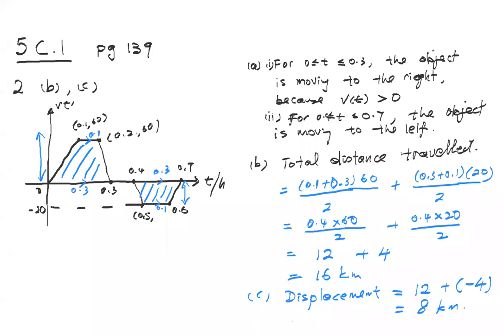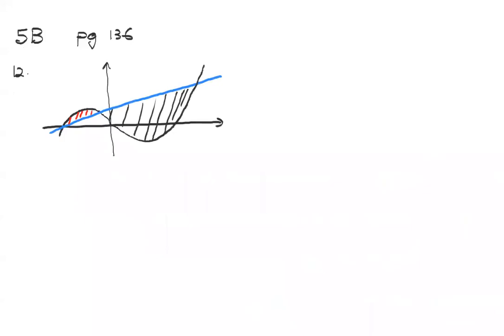Okay, now let's go to this question. Exercise 5B. When you talk about area bounded by two curves, you don't care where the position of the area is, as long as you take the top minus the bottom.